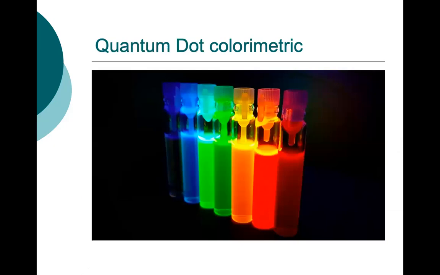Another interesting thing about optical sensing is the development of the material itself. When we talk about optical techniques, as you may have discussed in your molecular spectroscopy or atomic spectroscopy, the material itself must be active in the UV region, visible region, or fluorescent region.